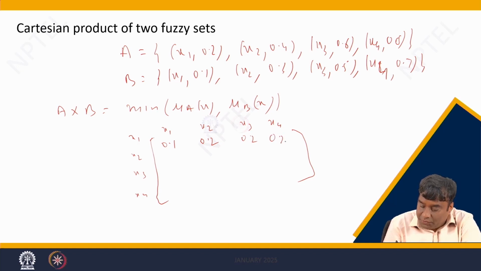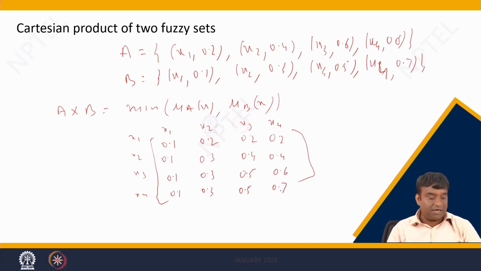Then 0.4 and 0.1 is 0.1, then 0.3, 0.4, 0.4. Then for x3 it is 0.1, 0.3, 0.5 and 0.6, and for x4 0.1, 0.3, 0.5 and 0.7. So this is the Cartesian product.